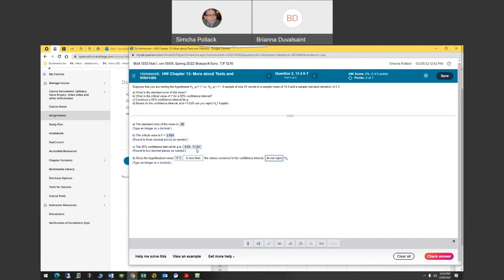So we're saying it could be bigger than 11. So I was wrong here when I said is greater than, I'm sorry, less than. Give me 1 second to straighten this out.